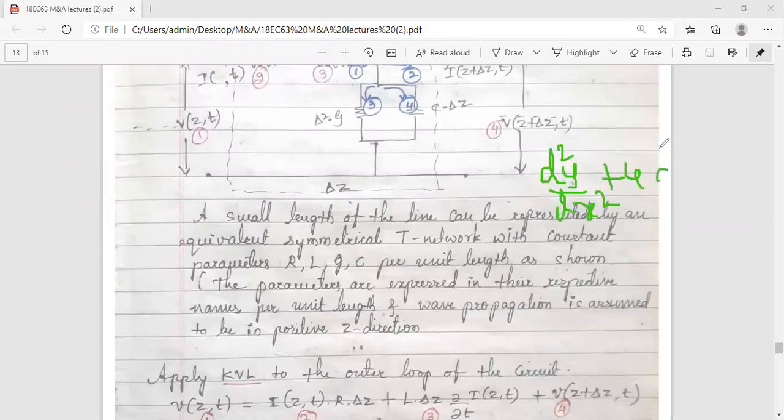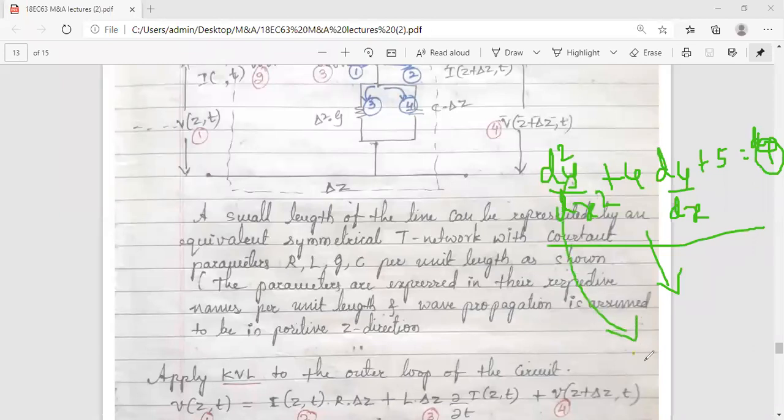Some random example I'm taking, something equal to 0, assume. This is one differential equation. Finding the solution of this equation means you will find the equation for y. What is y? Y is your output.